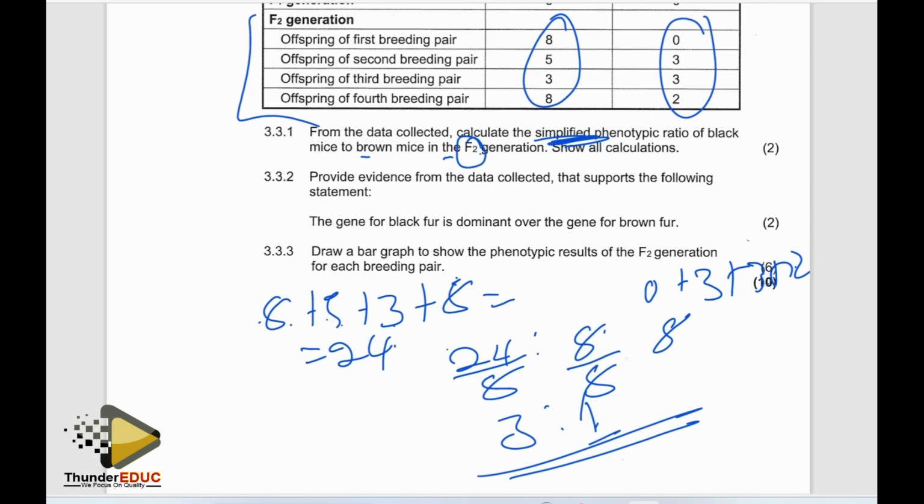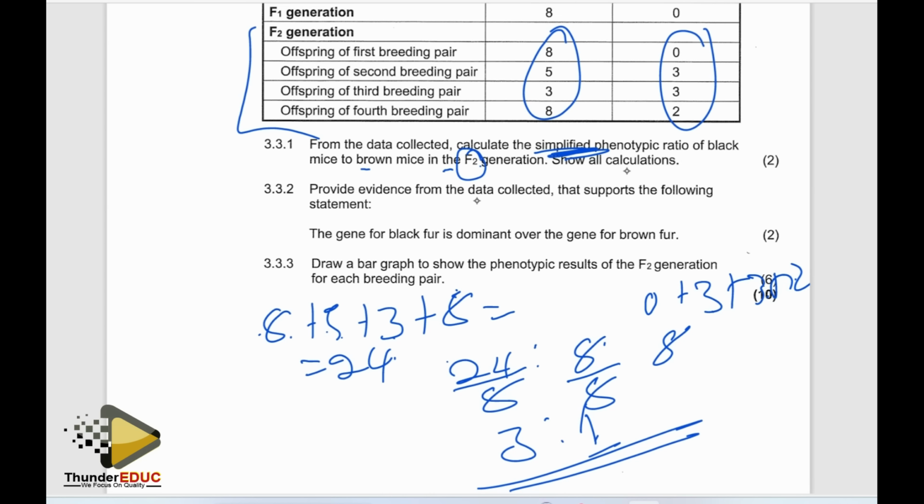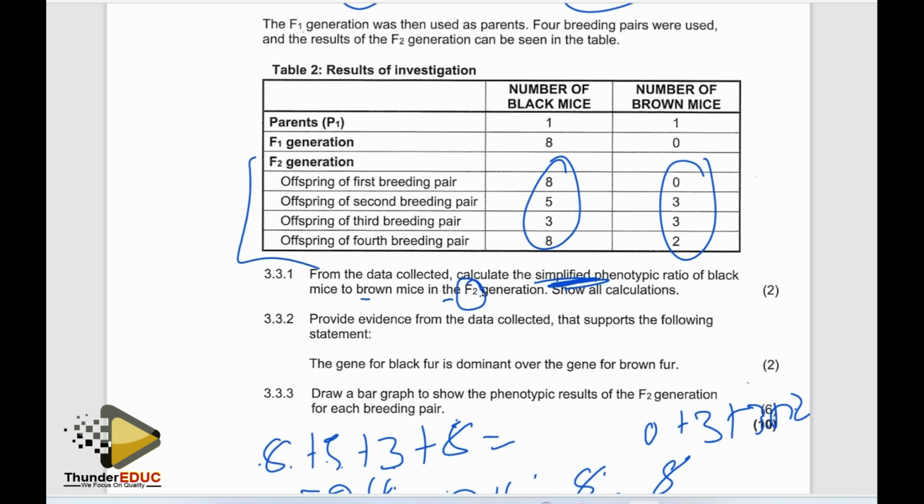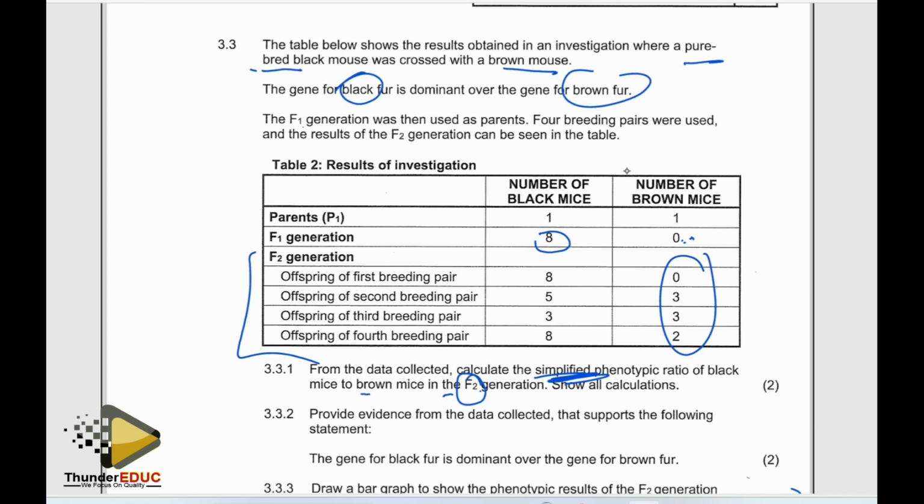Then they are saying provide the evidence in the data collected to support the statement, the gene for black is dominant over gene for brown. If you look here, the first cross, the first generation, all of them were black. None was brown. They crossed black and brown, so when you cross black and brown, you're supposed to get both.